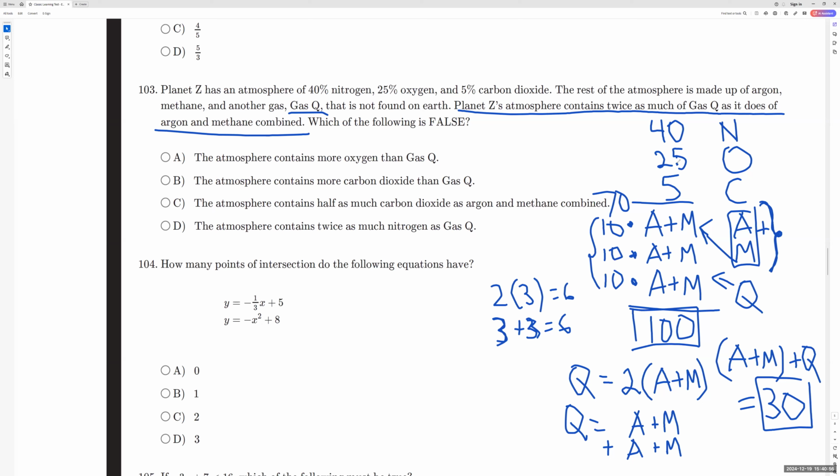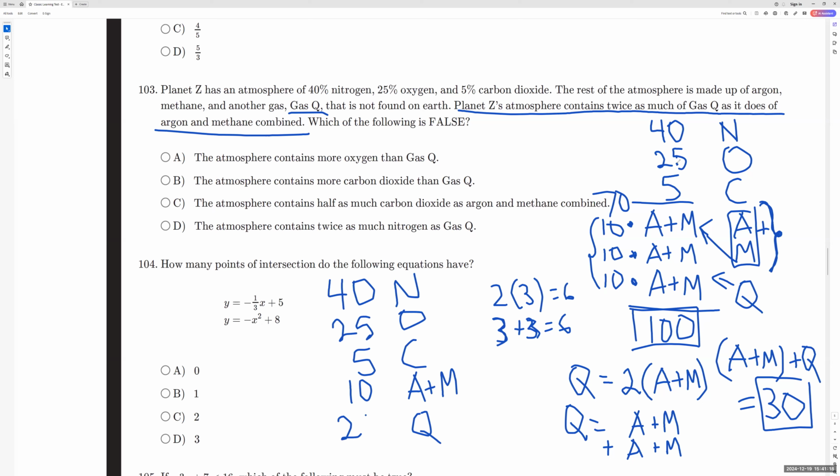Maybe let me redo. So I have 40 being nitrogen, 25 oxygen, 5 carbon dioxide, A and M is 10, and Q is 20. Altogether, you have your 100% elements.